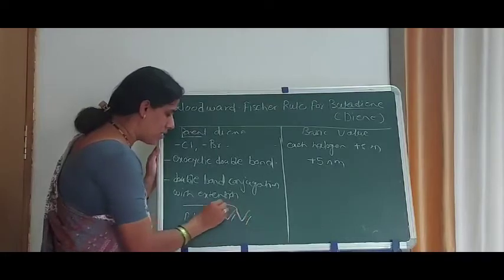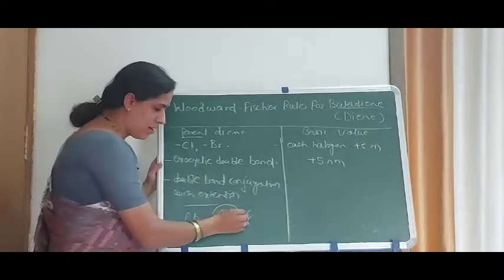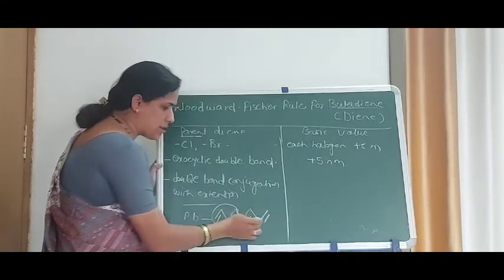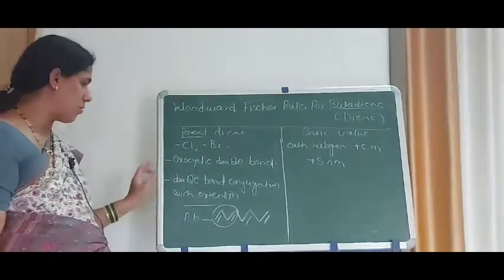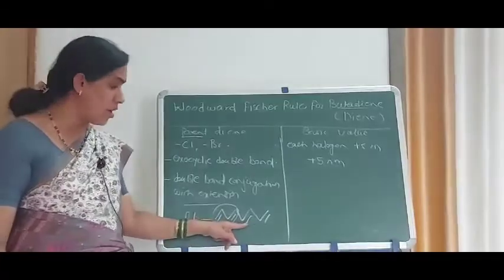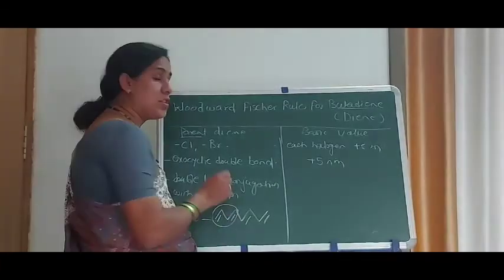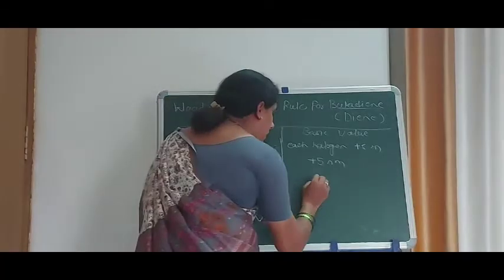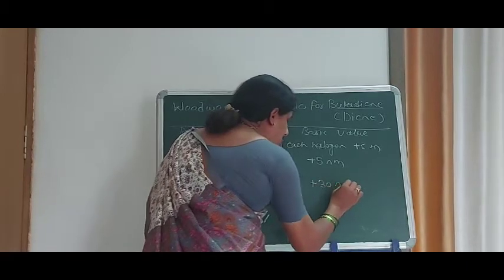See here, this is up to a butadiene. If there is an extended conjugation like this, how many times is it extended here? Two times. For each conjugation, you have to add 30 nanometer.